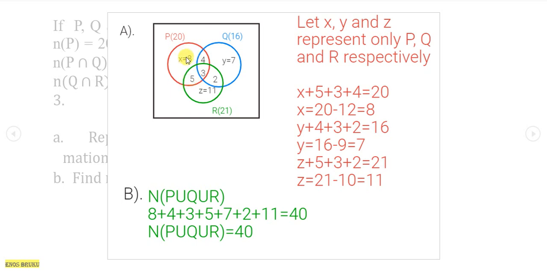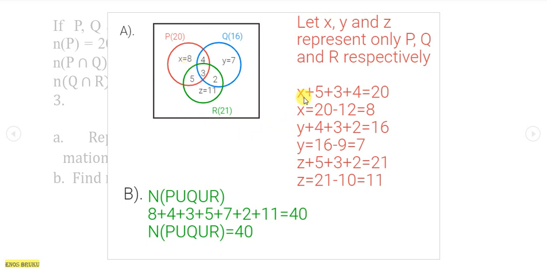We have 4 spaces. So if we don't know this one, we can add the 4, the 3, and the 5 and subtract it from 20 to get the one we don't know, because at the end of the day, if you add everything, you should be getting 20. Okay, so to find X, we can say X plus 5 plus 3 plus 4 is equal to 20. Then we make X the subject to get the missing value.